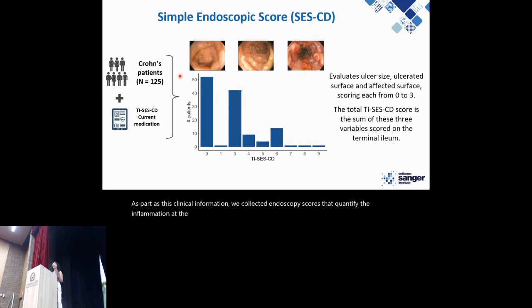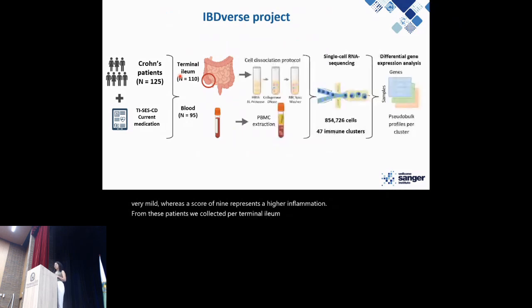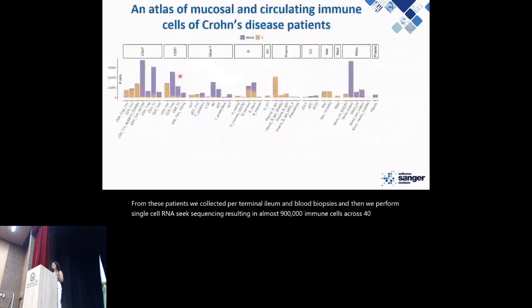In this case, a score of 0 represents no inflammation or very mild, whereas a score of 9 represents higher inflammation. From these patients, we collected terminal ileum and blood biopsies, and then we performed single-cell RNA sequencing, resulting in almost 900,000 immune cells across 47 immune clusters.